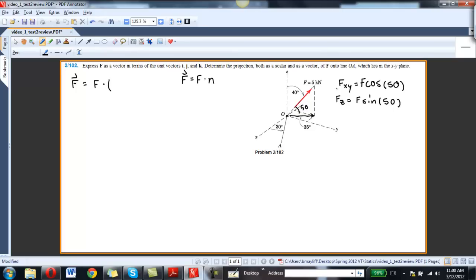And then we split the Fxy into x and y components again. So that's just going to be from this line here. So the x component is going to be, I'll write it in red here. X is going to be like this, and the y, being blue, is going to be like this. So, keeping up with the whole red theme, Fx is equal to F cosine 50 times sine 35.